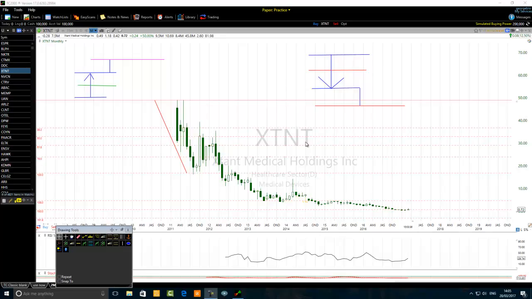Now, if you ask a lot of traders what the Fibonacci extension levels are, they will tell you 138.2%, 161.8%, 214%, 261%, 314%, 361%, and so on. Those are the popular Fibonacci extension levels.